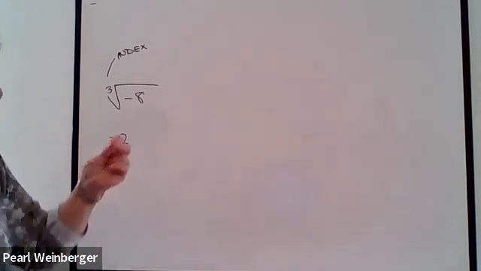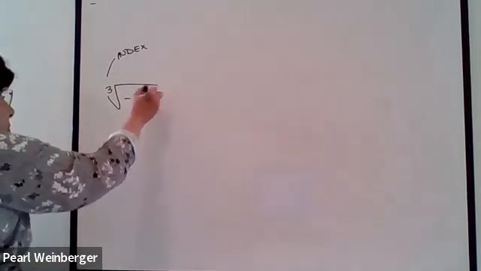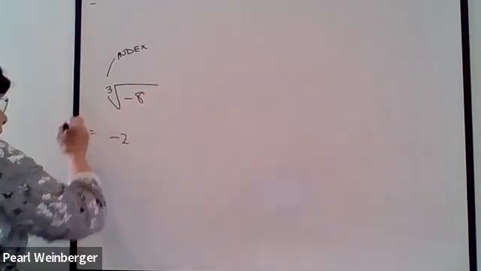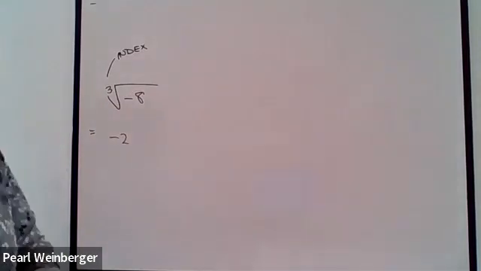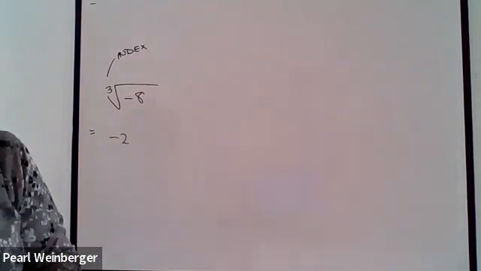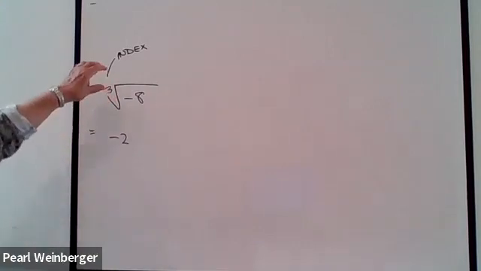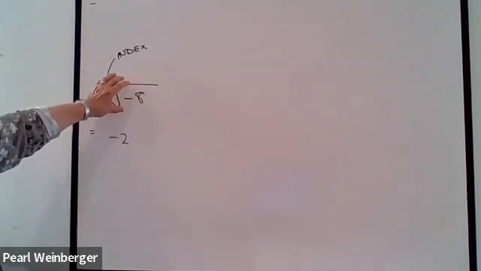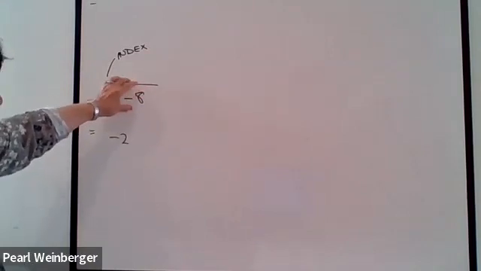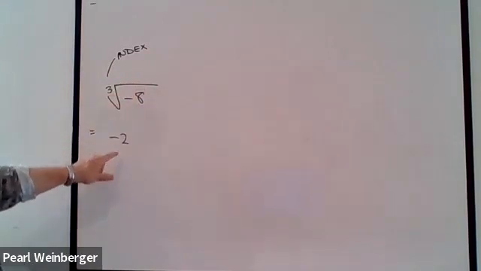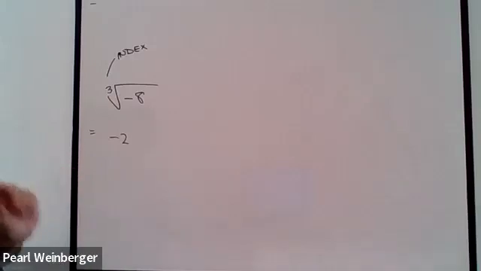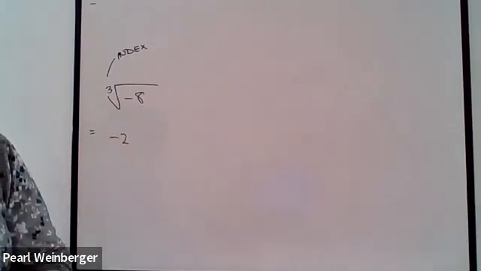So the cube root of -8 happens to be -2. It's the number that you multiply 3 times in order to get the number inside. -8 is what we call a perfect cube, because it's -2 times -2 times -2.